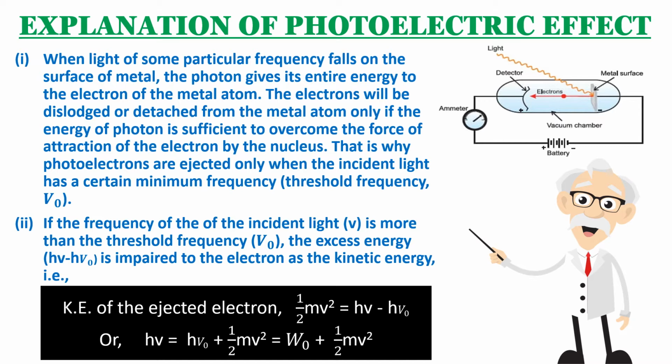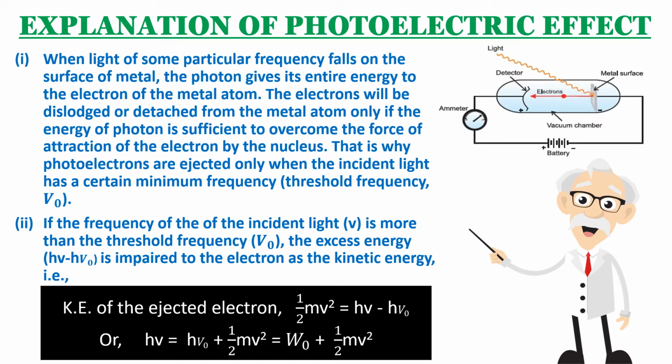So first, when light of some particular frequency falls on the surface of a metal, the photon gives its entire energy to the electron of the metal atom, and the electron will be detached from the metal atom only if the energy of the photon is sufficient to overcome the force of attraction of the electrons by the nucleus. That is why photoelectrons are ejected.